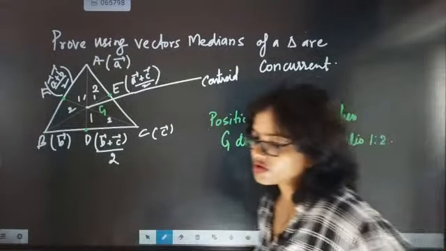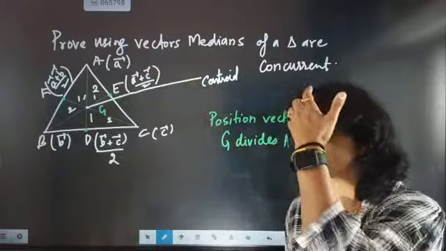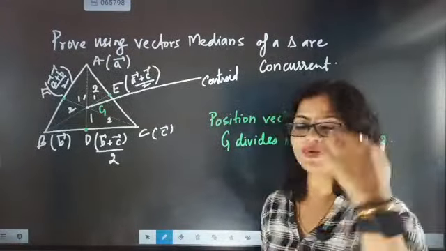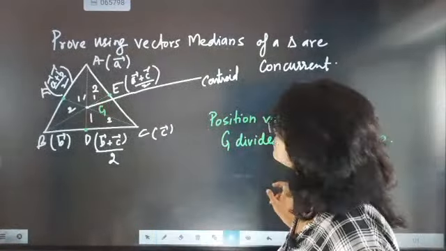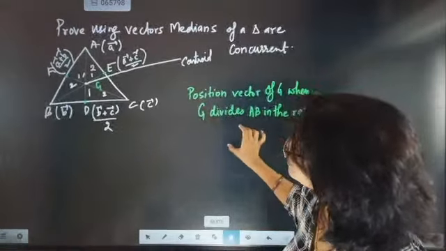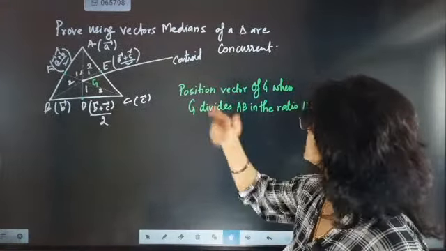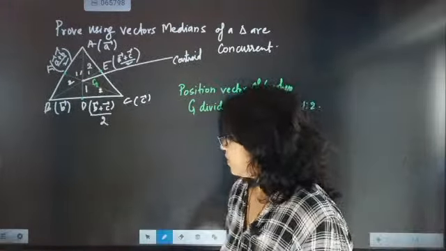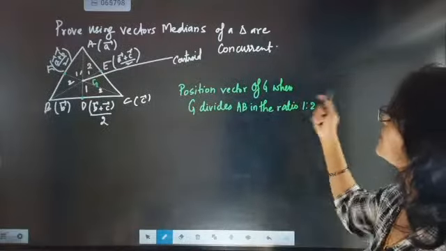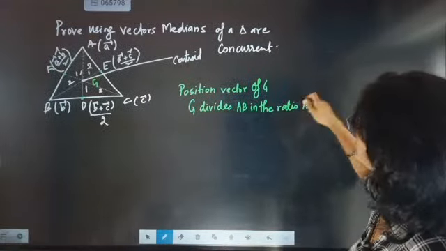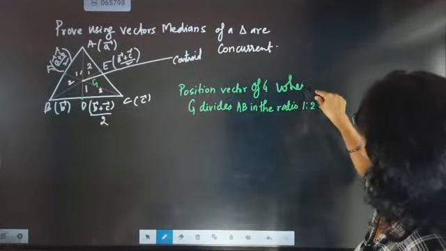One by one we just have to solve the question. So G, when G is dividing AB in the ratio 1:2, position vector of G.